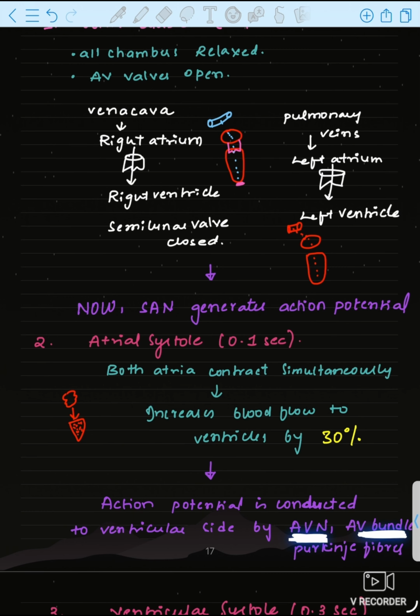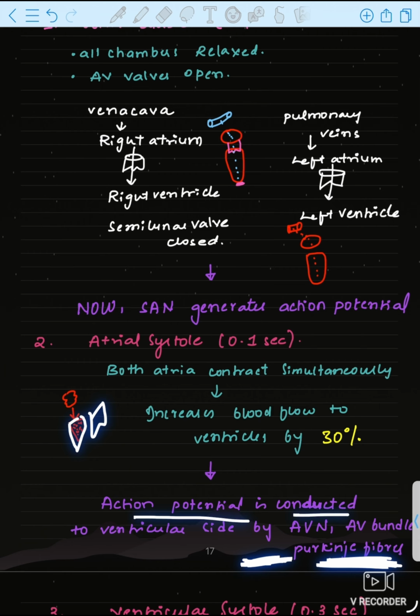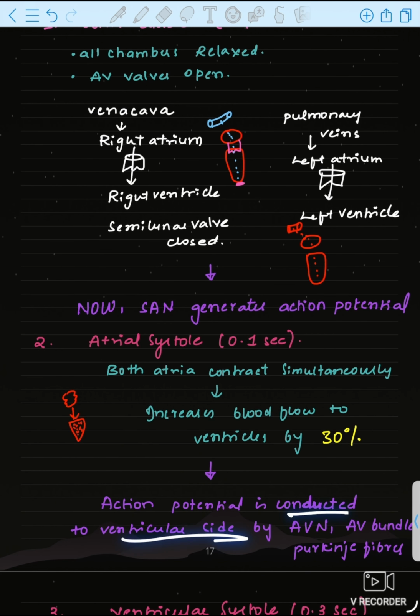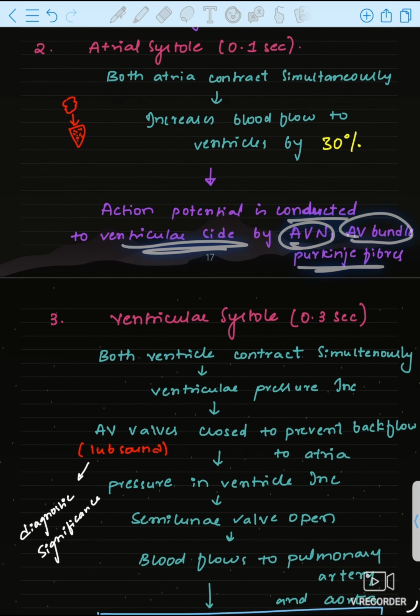The AV bundle and branching bundles, and Purkinje fibers, will conduct this action potential to the ventricular side.